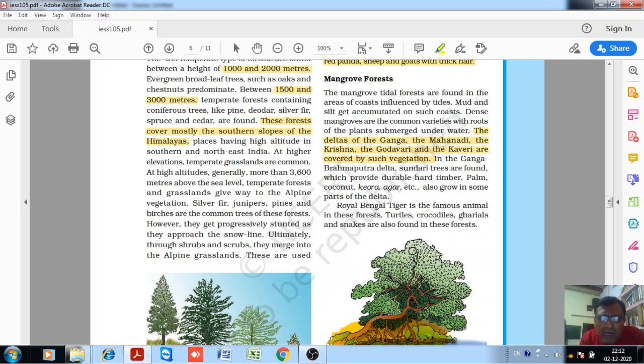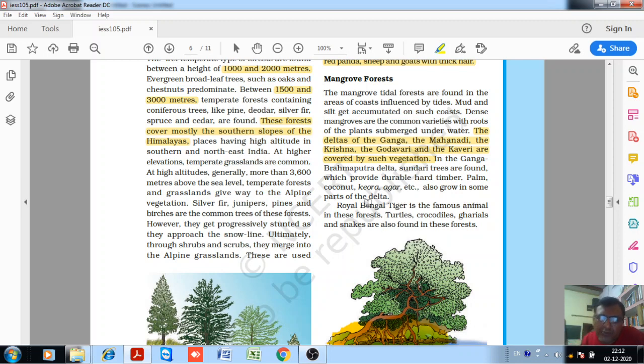In the Ganga Brahmaputra delta, Sundari trees are found, which provide durable and hard timber used in furniture. The quality of the wood is very hard and durable. Palm, coconut, keora and agar are the types of trees found in mangrove forests, and they grow in some parts of other deltas also.